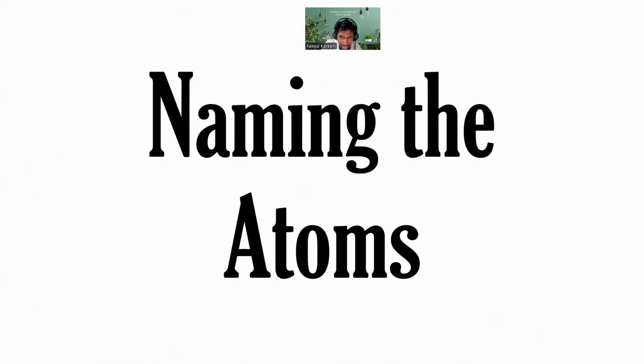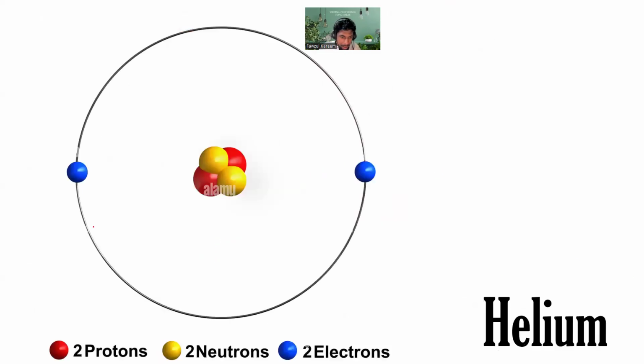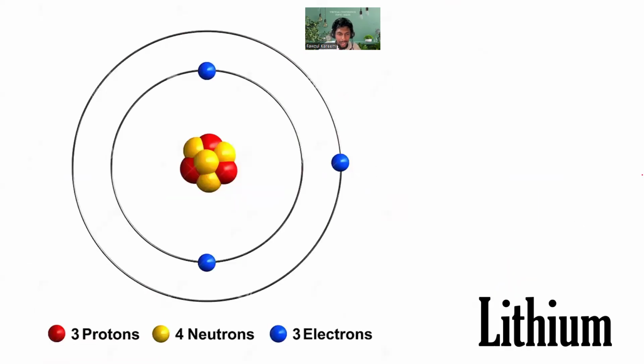So if I want to identify this as a hydrogen atom, then I want to check the number of protons. Number of proton is 1, so that is hydrogen. And here, number of proton is 2, that is helium. And here, 3 protons, red color, 3 protons, so lithium.